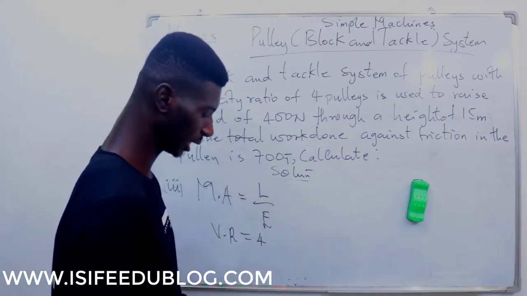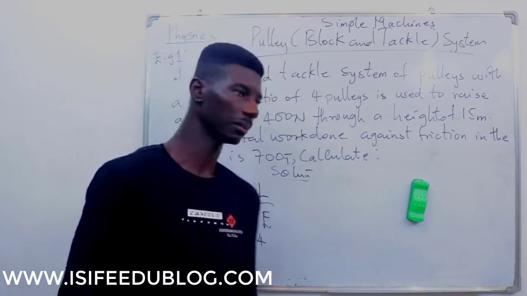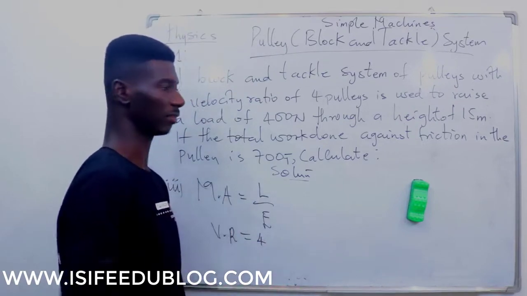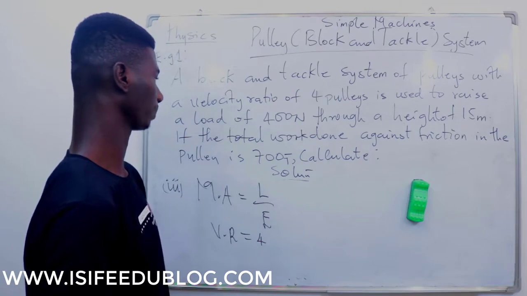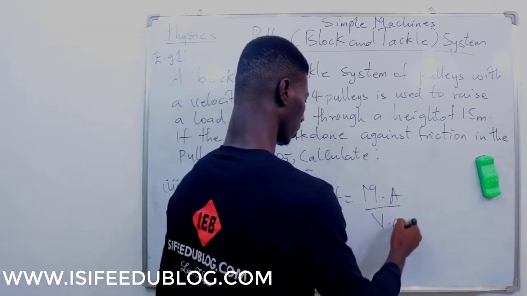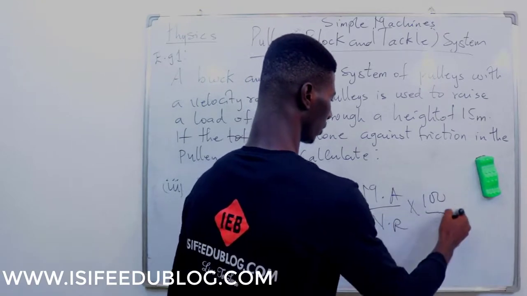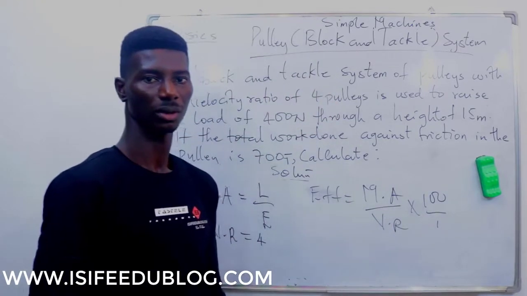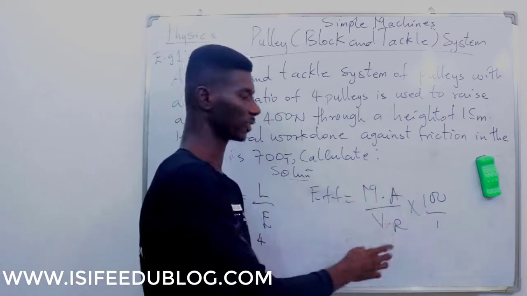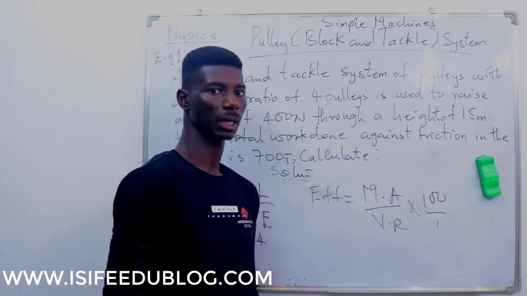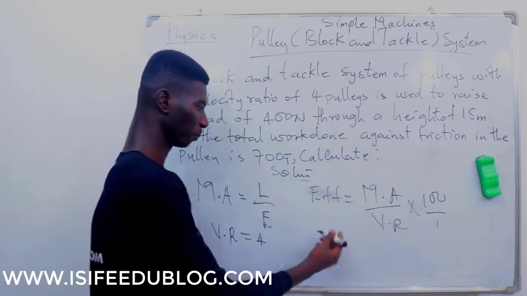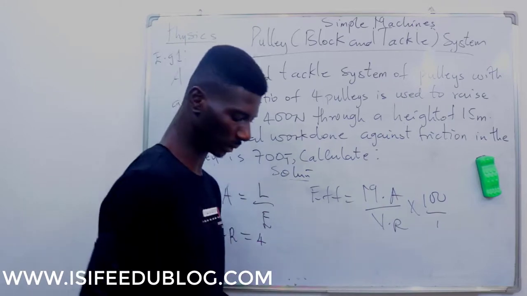Now we have gotten the efficiency of the machine. So what we need to do now is to get the mechanical advantage. So how do we do that? Efficiency is equal to mechanical advantage divided by velocity ratio times 100 over 1. Okay? So with this, we know everything in this formula apart from this, so we can get mechanical advantage. So what is our efficiency? Watch please.